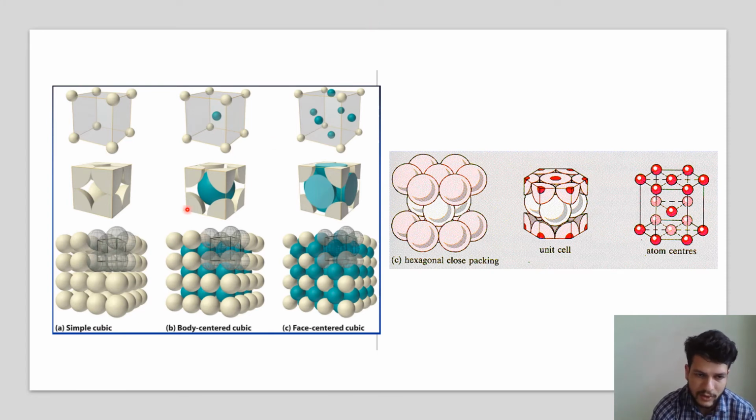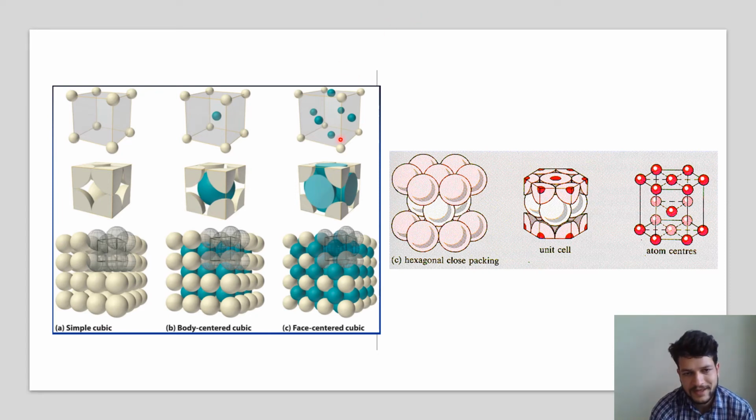In a body-centered unit cell, the atoms are placed in the corners of the cube like this, and also one atom is in the center or body of this unit cell. So it is called body-centered cubic. So this is the whole crystal of the body-centered cubic, and this is one unit cell.